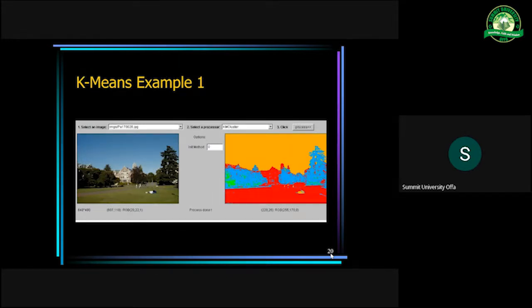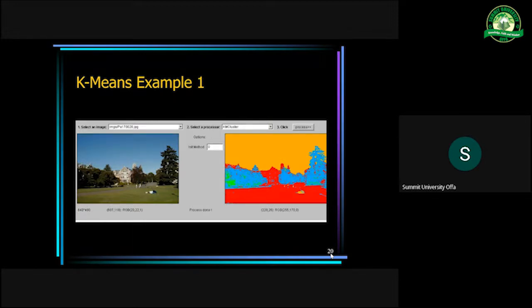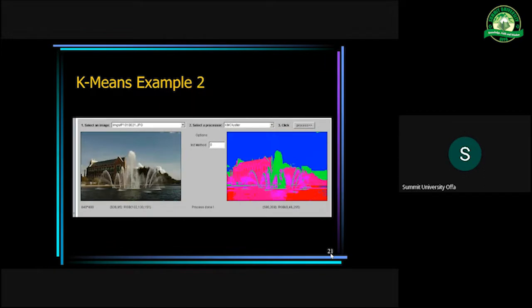You can see on the board in that image, you can see the areas with green leaves. In that clustered or segmented image, you can see all those areas in blue. You can see the building having another cluster there, having another color. So this is what we call image clustering. And then this is another one.